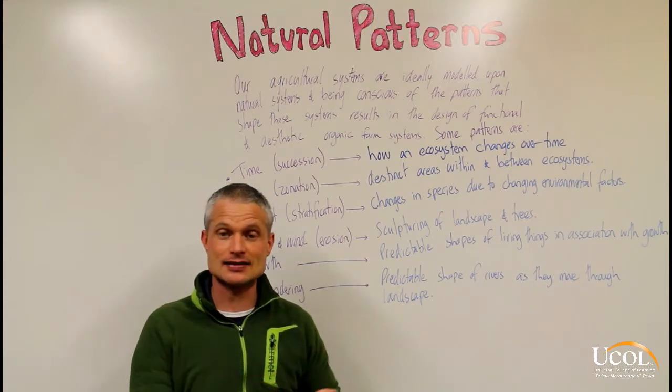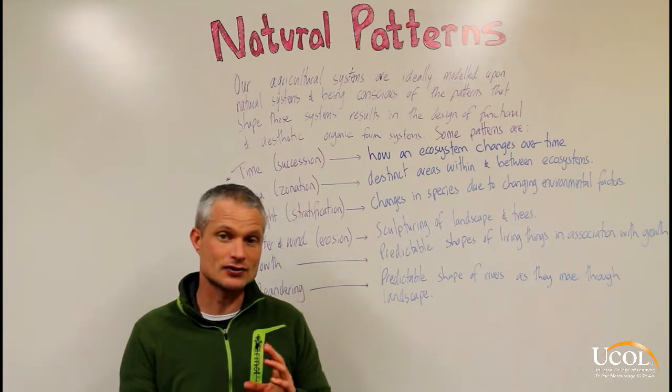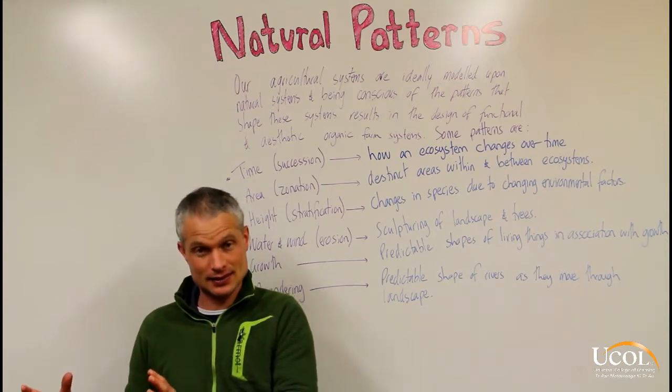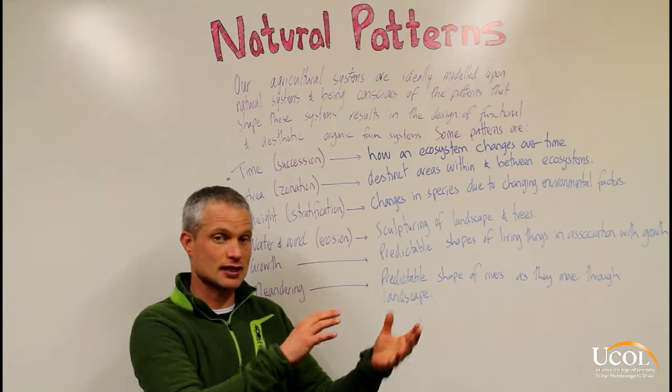But even that is in some state of dynamic shift, as things like fires or other disturbances can move it back to an earlier successional stage, and it will mature back to its late successional stage too.